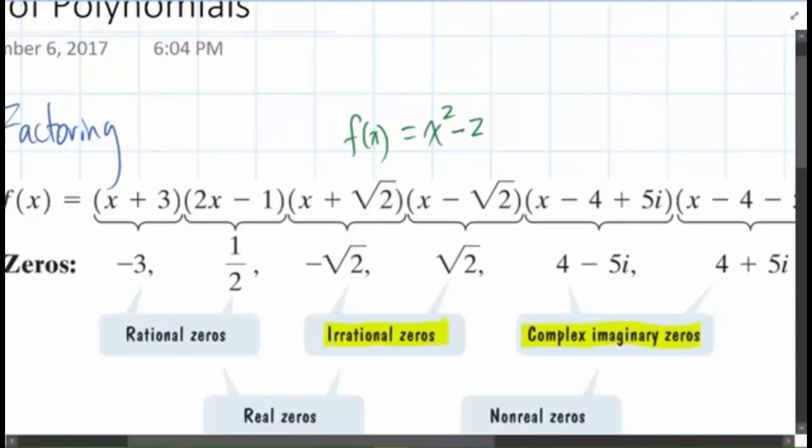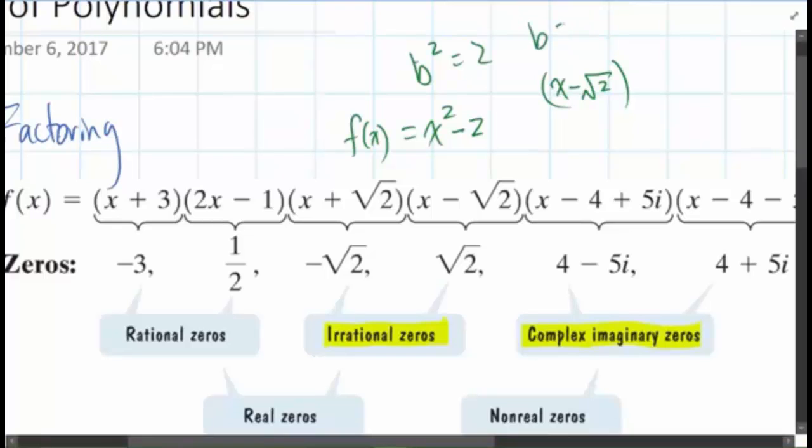And so if you have to factor this, it would be x minus square root of 2, because what is, for example, b squared equals 2? What's b? B equals square root of 2.